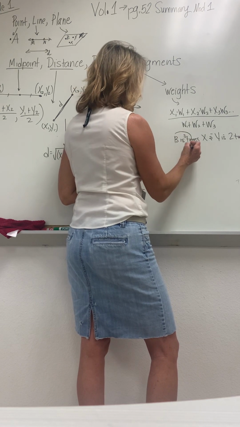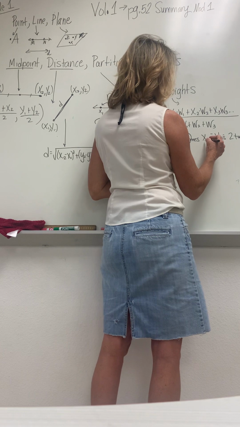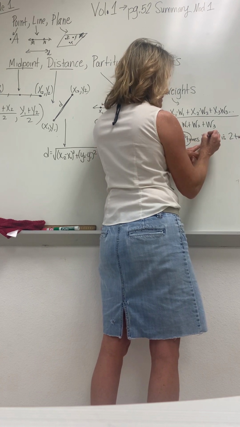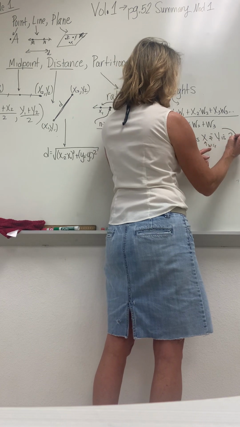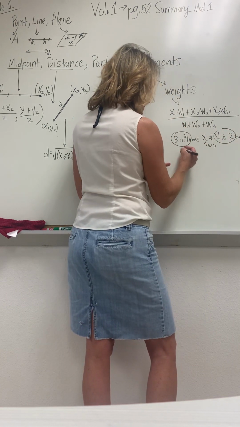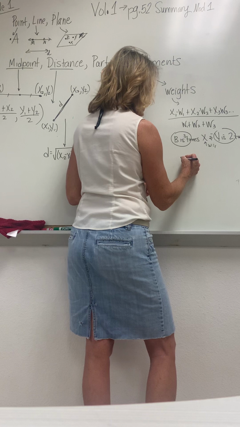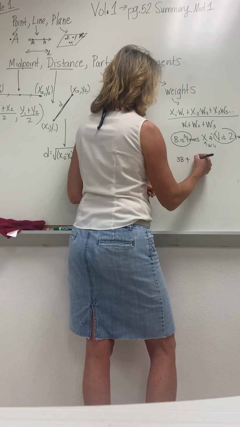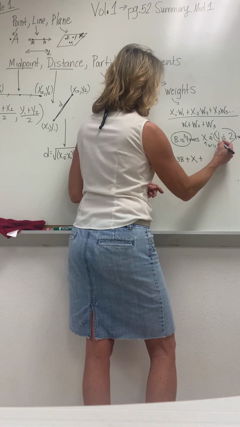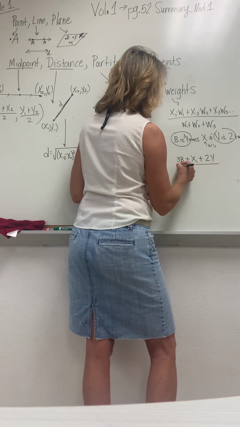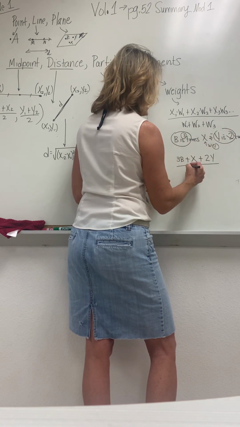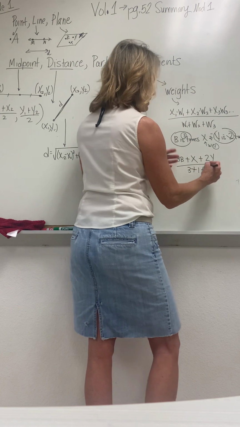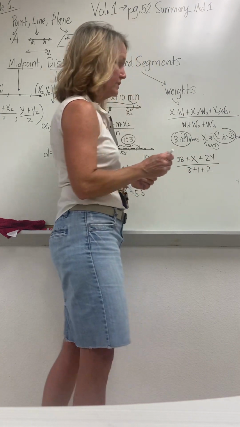So B would be multiplied times 3. Everything was being compared to X, so remember that meant that X had a weight of 1, and Y would be multiplied times 2. Whatever B was, you would multiply it times 3, whatever X was times 1, and Y would be multiplied times 2, and then you take the sum of all the weights: 3 plus 1 plus 2, in order to determine that weighted average.